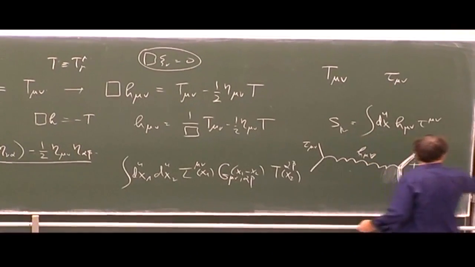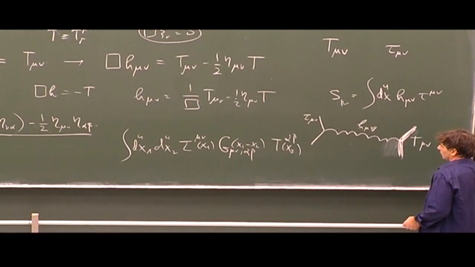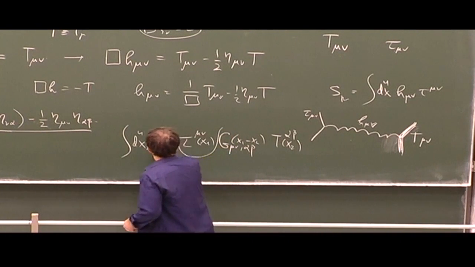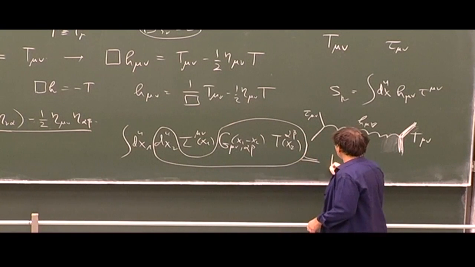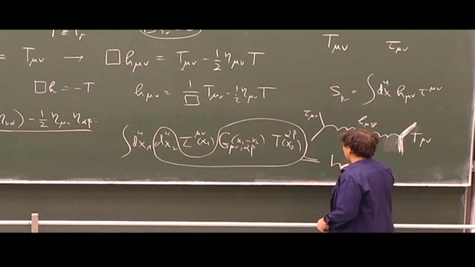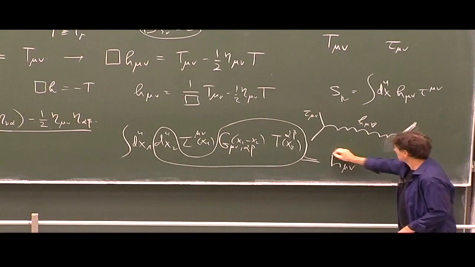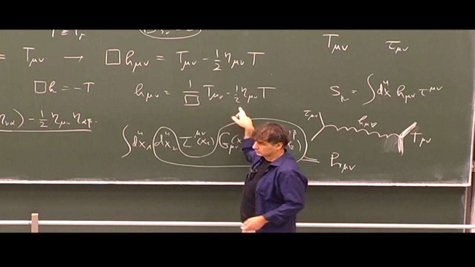Okay, so why? Because this part of the story is simply h mu nu produced by the source. This is this, okay? So this part is simply this solution.